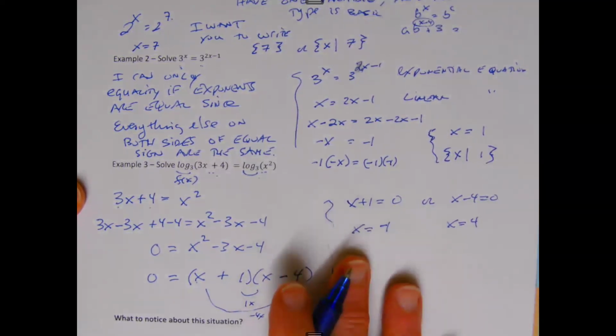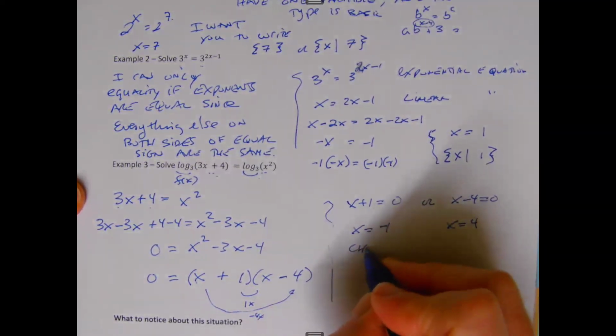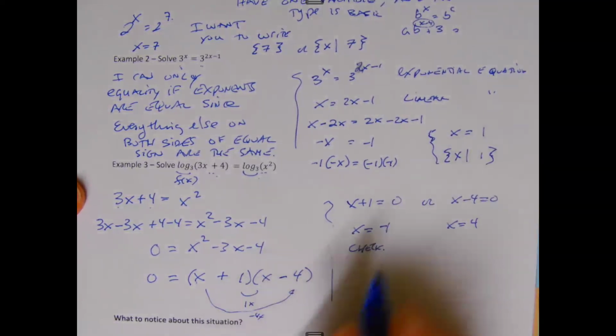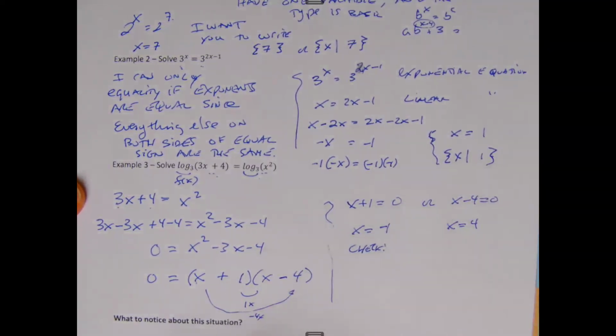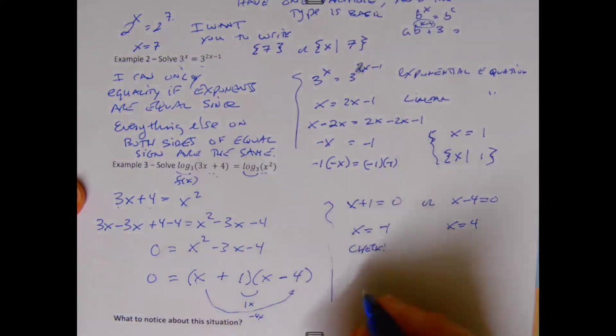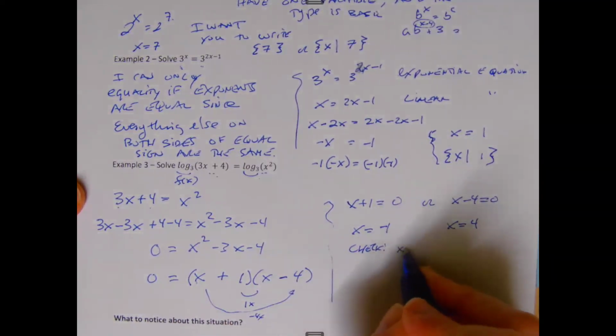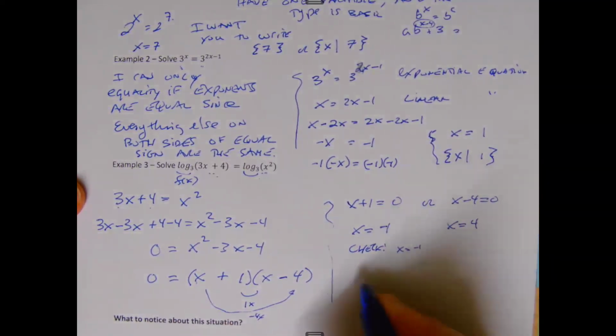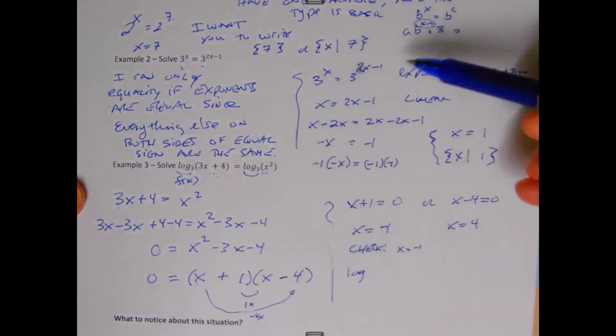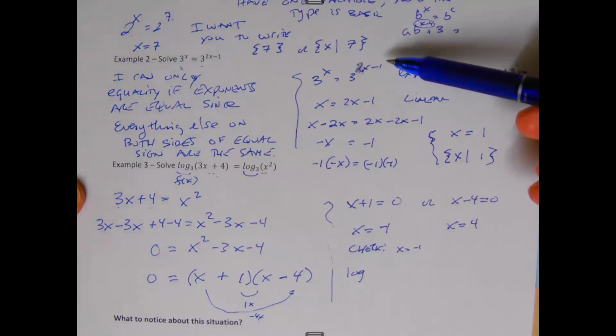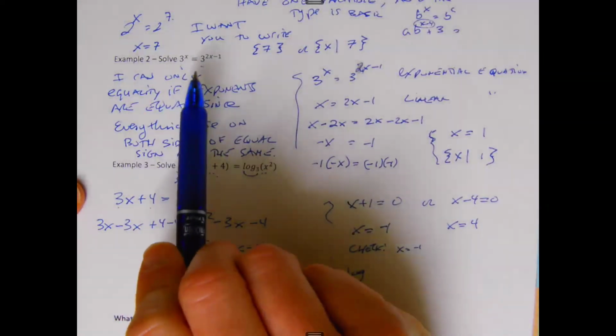And now I have my answers, and now I need to check. So you need to check your answers to make sure they are solutions. I'll check -1 first. And when I check -1, how come I didn't check above here? Well, remember, what is the domain of an exponential? It's everything.